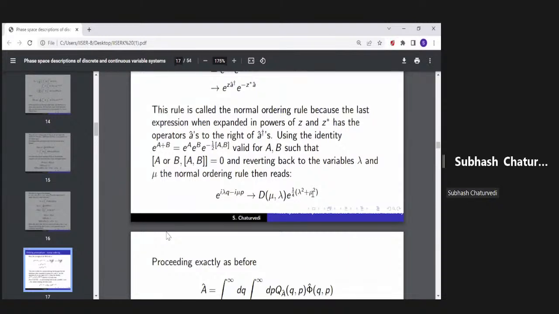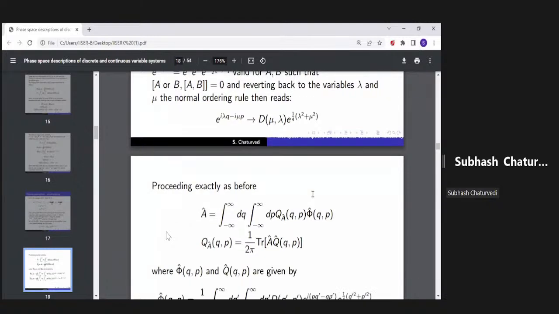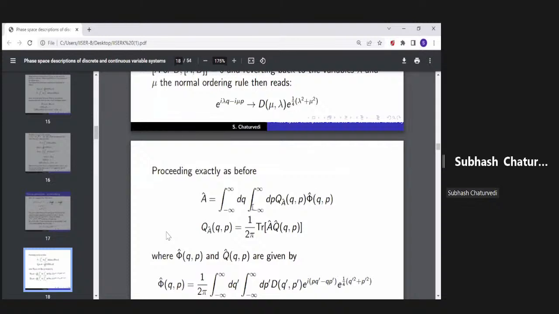And it is this factor which distinguishes one phase-space description from another, and one can now again go through a similar exercise as before, and then the final picture that emerges is as follows.